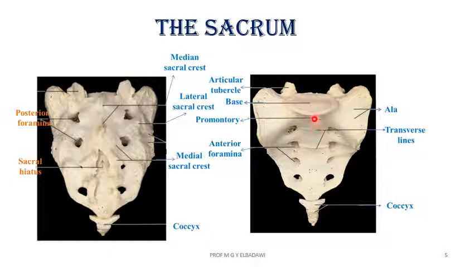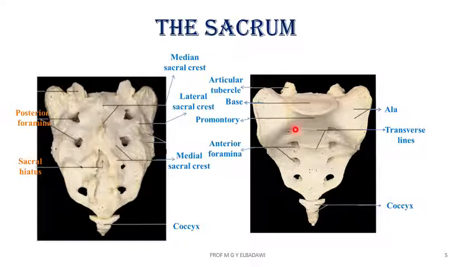Then a median part and two lateral masses. Sometimes they call them the wings, but these are the lateral masses, and this is the median mass here. These are the transverse lines, a result of the fusion of the 5 pieces of the sacrum, which will result in some features which we can see now.